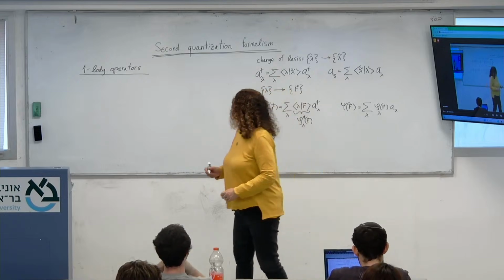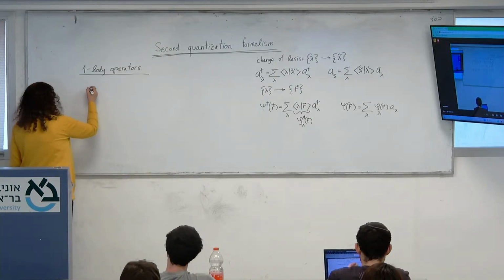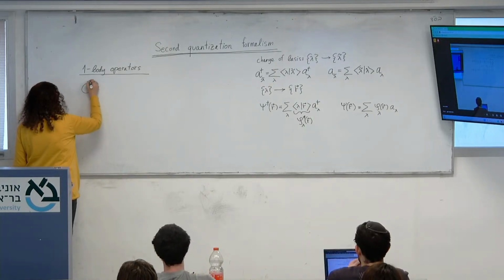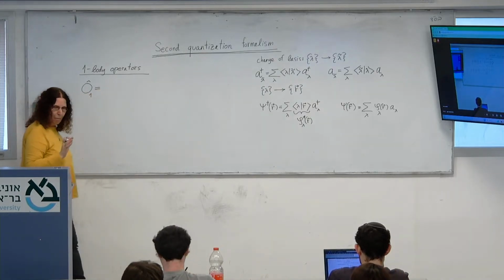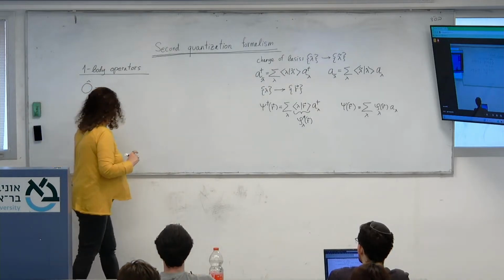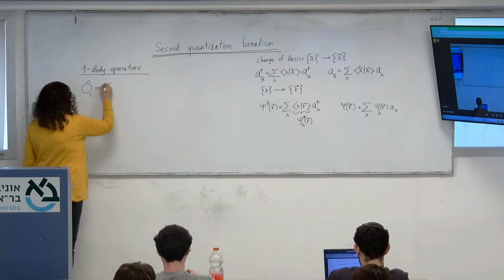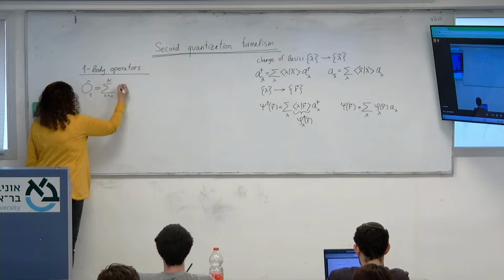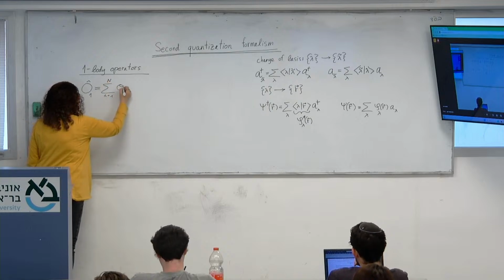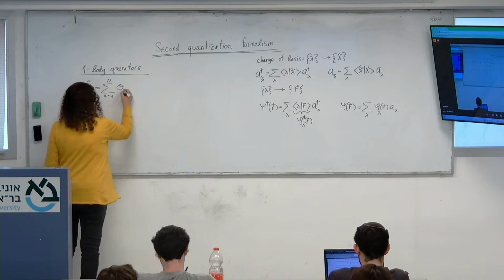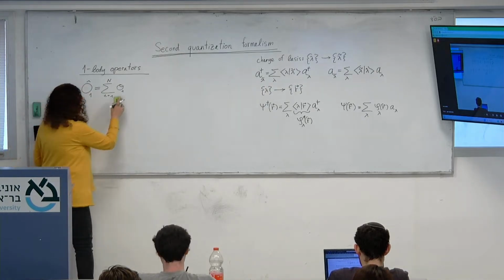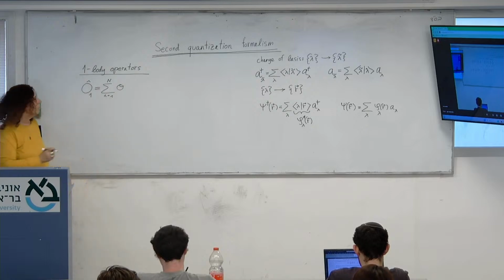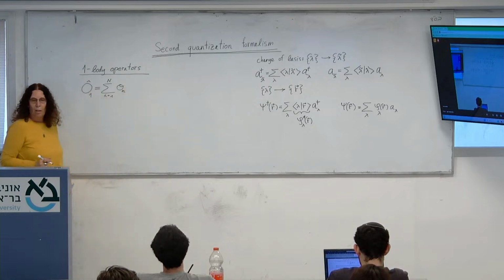So in the most general way, if we're using the language of first quantization, one-body operators are objects that can be expressed as something like O1 plus O(n).